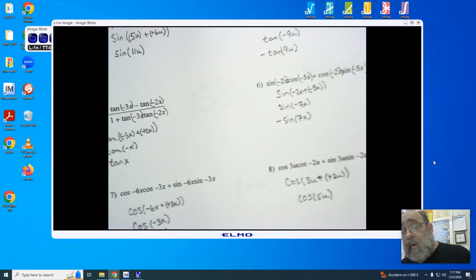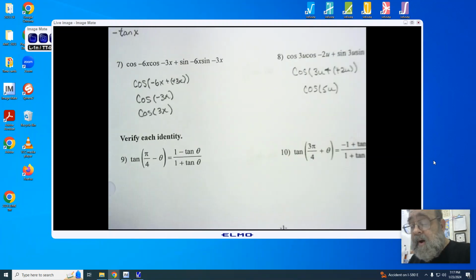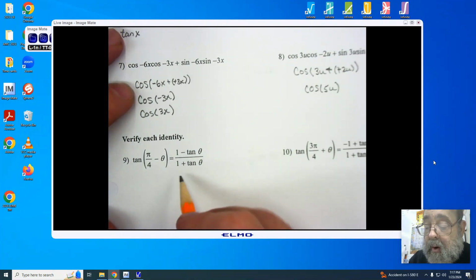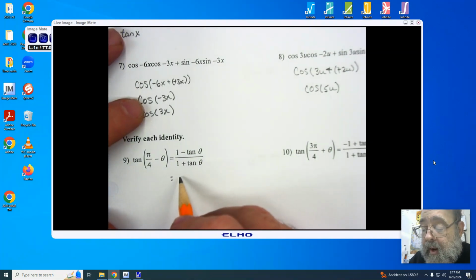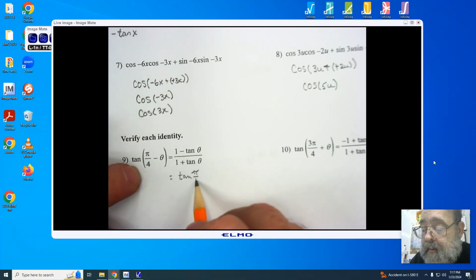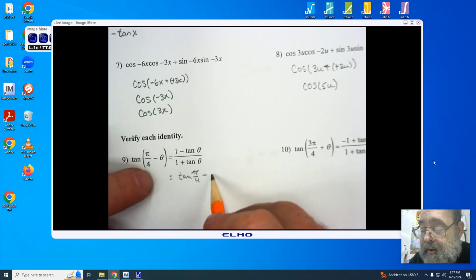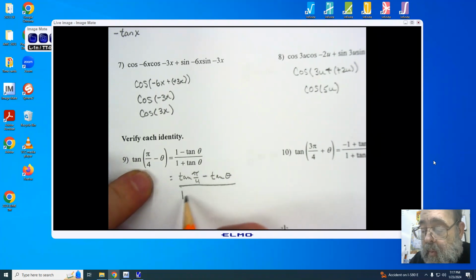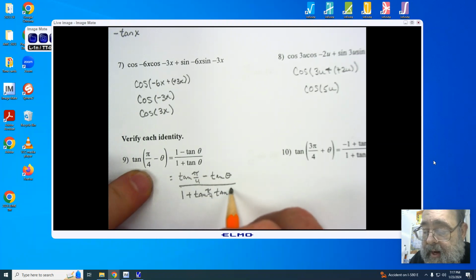In the second part that we are asked to do, they want us to verify the identity. They want us to go through it and show that we are indeed going to get 1 minus tangent theta over 1 plus tangent theta. According to my identity, I know that I'm going to work with the tangent of pi over 4 minus the tangent of theta divided by 1 plus tangent pi over 4 tangent theta.